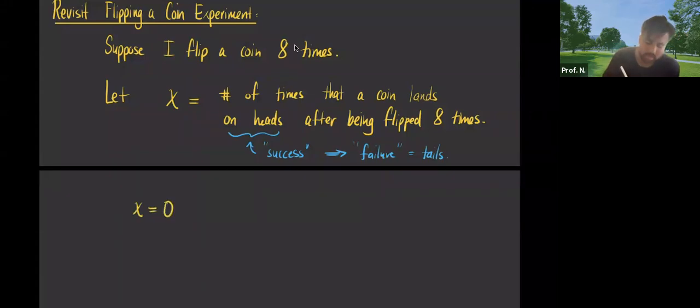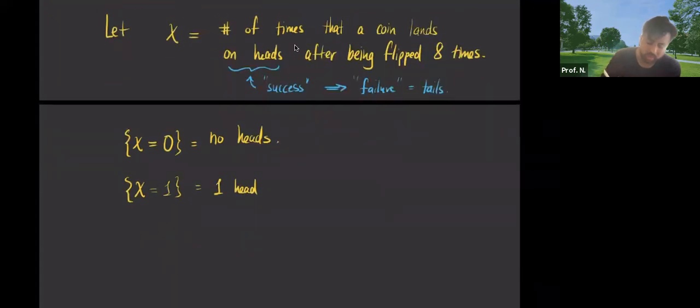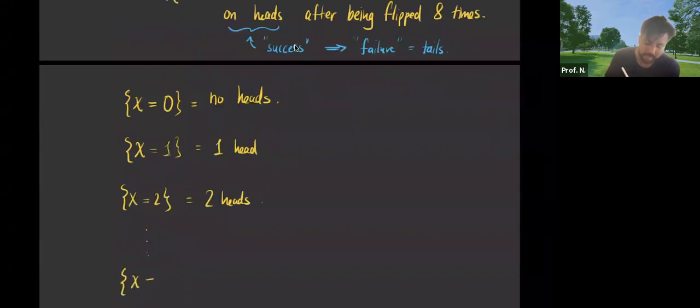So this represents no heads. What does x equal 1 represent? 1 head. So on and so forth, right? X equals 2, 2 heads. All the way down to what? X equals 8. All heads, right?